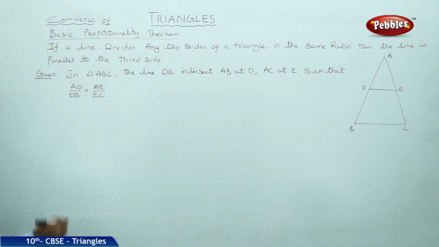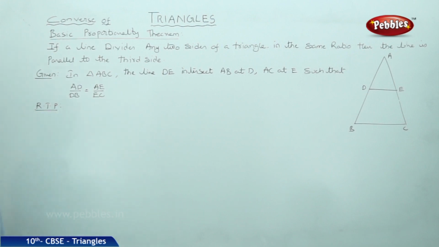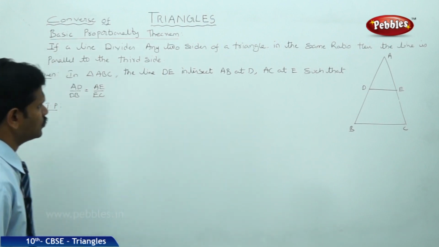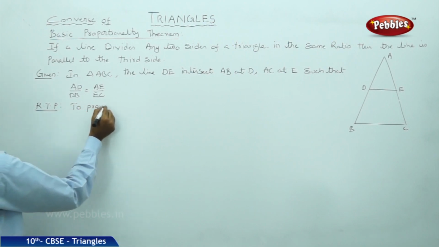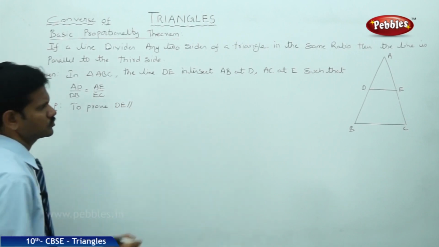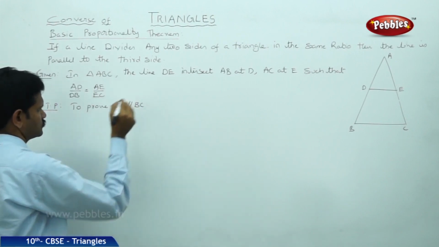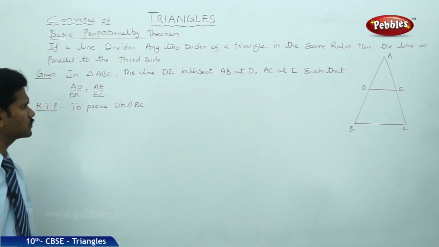Next, RTP: what you have to show now is to prove DE is parallel to BC. We have to prove DE is parallel to BC.